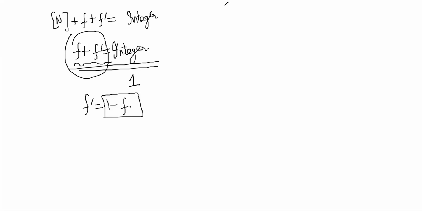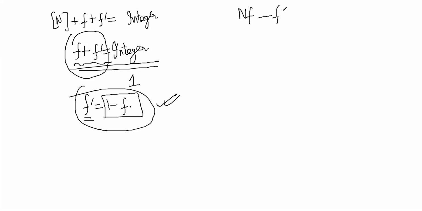Then something will be asked, but you know this nice thing: f dash is the conjugate expression, and this is what will solve the question. They might ask something like n f minus f, I forgot the question, but either f dash is equal to 1 minus f, or f dash is equal to f.